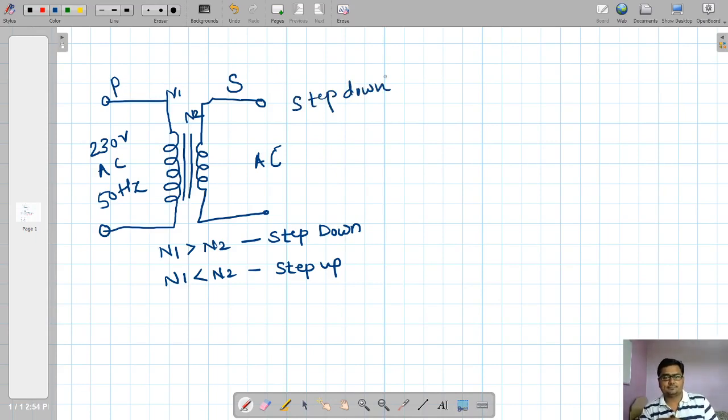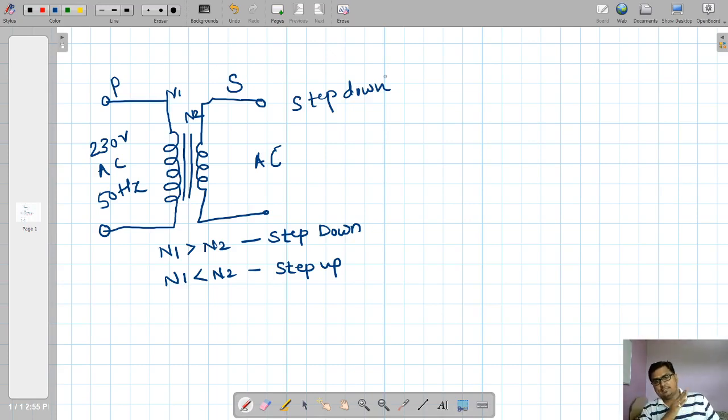If you see our lab power supply, it gives output voltage from 0 volt to 20, at the max 25 volt DC. So that 230 volt has to be converted into small DC voltage. Small DC voltage is my requirement. Why? Because all electronic equipment or gadgets work on very small DC voltage.